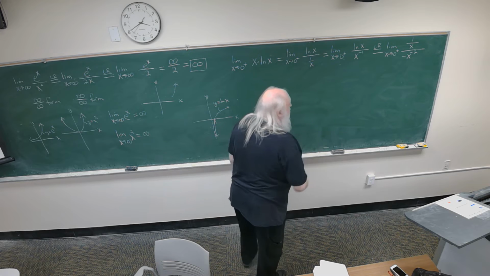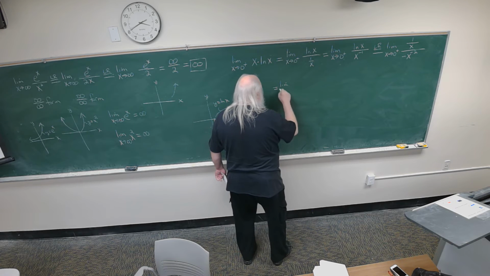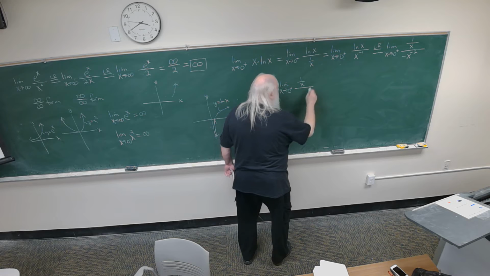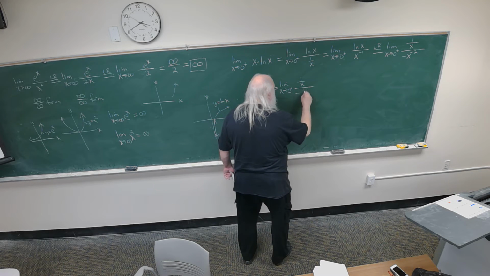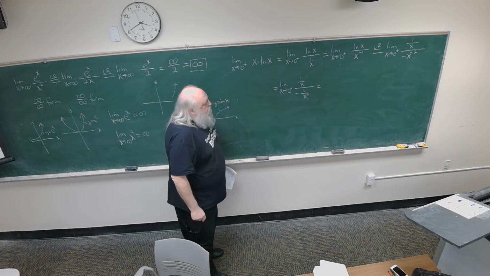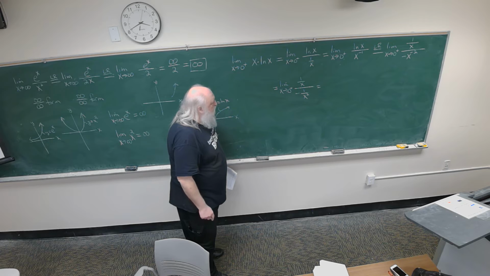So now we simplify. We have 1 over x divided by minus x to the minus 2, which is minus 1 over x squared.